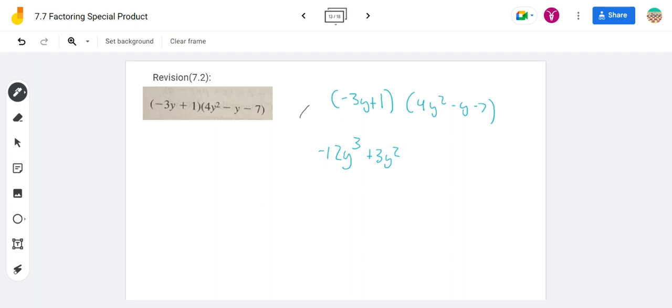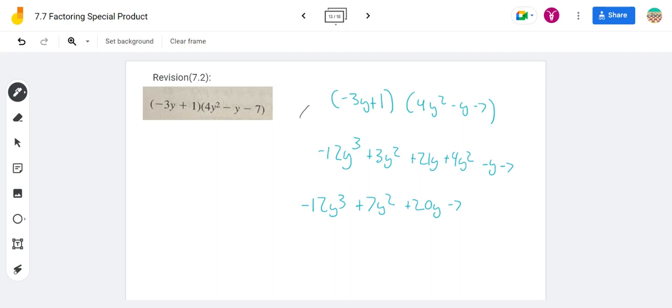So you have 3. Okay, if you're done, you can proceed to the next revision problem.